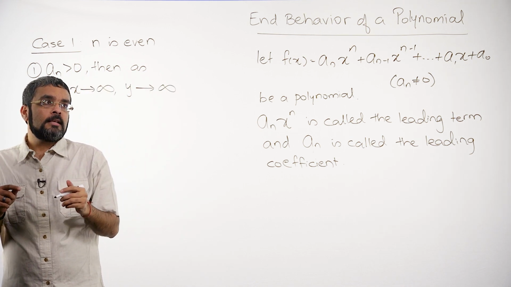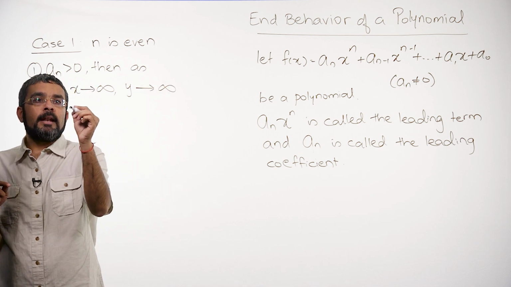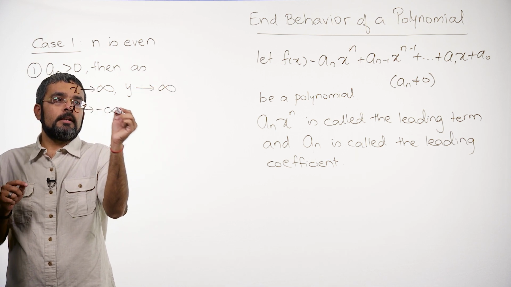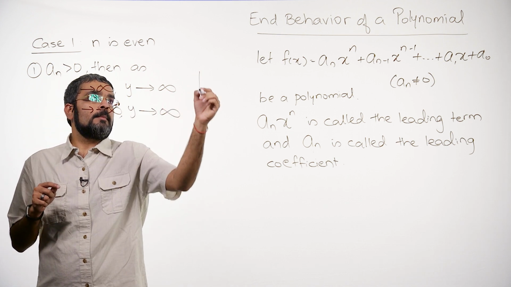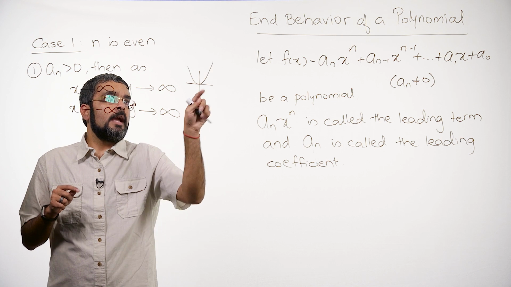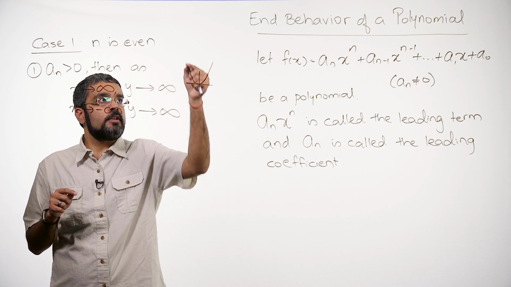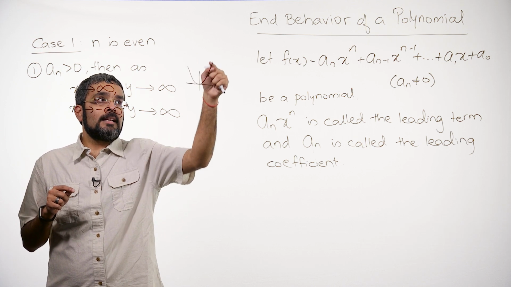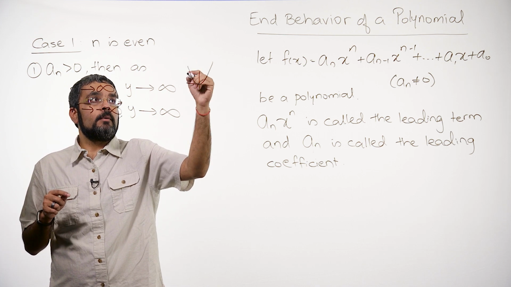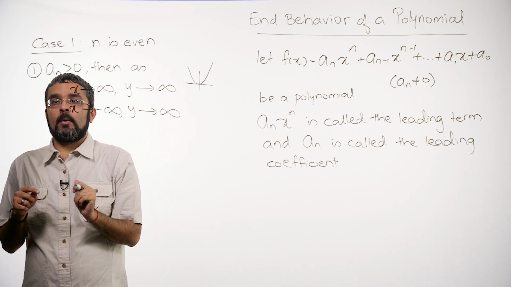That is, as I go to the right, my function would go up. And as x approached negative infinity, y would also approach infinity. Like I said, think about x squared. As I go towards the right my function is going up, and as I go towards the left it is still going up. My polynomial won't be exactly like this, but the end behavior will be the same as that of x squared.